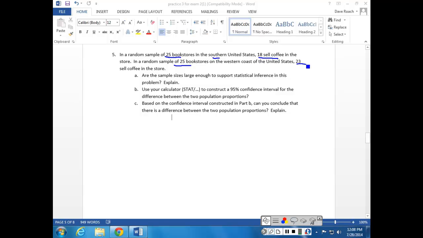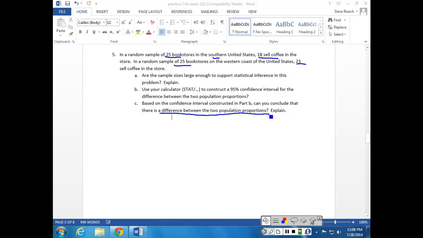First clue, if we're talking about proportions. They either sell coffee or they don't. That's just way back from the very beginning, a binomial kind of thing. They either sell it or they don't. So we're going to talk about the proportion that sell in each one. And then, of course, the final clue is there a difference between the two population proportions? When all else fails, read the problem. Okay?